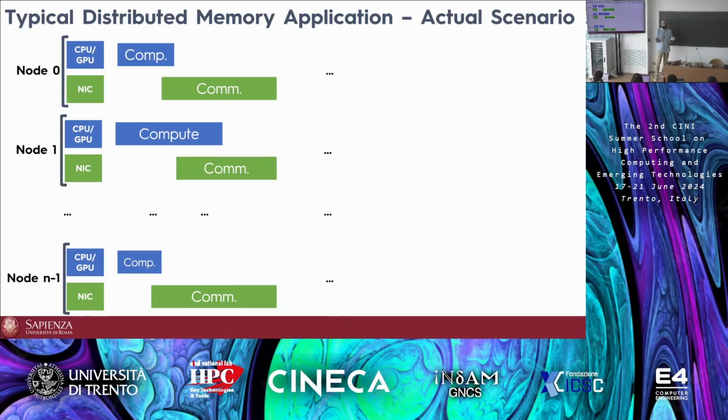You partition your data, but maybe some data is more complex to process compared to other data, which means that some GPUs will be faster than others. It might also be because of manufacturing defects. Even if you buy two GPUs which are exactly the same, they will not have exactly the same runtime for the same kernel, because of different physical reasons. So in practice, someone will finish earlier, someone will finish later.